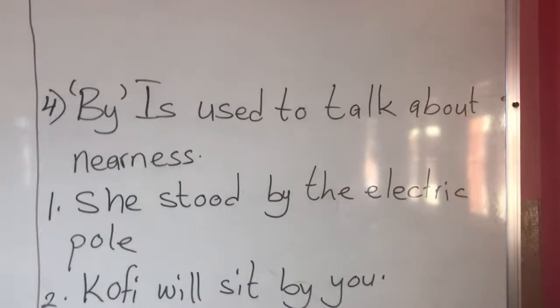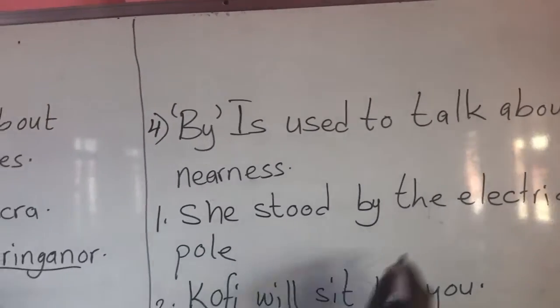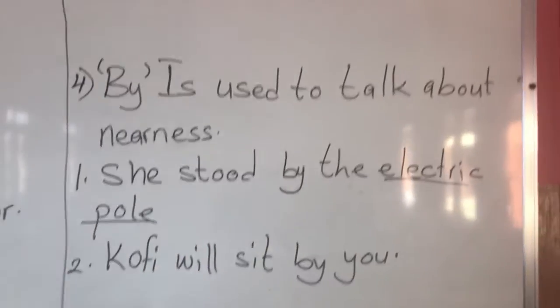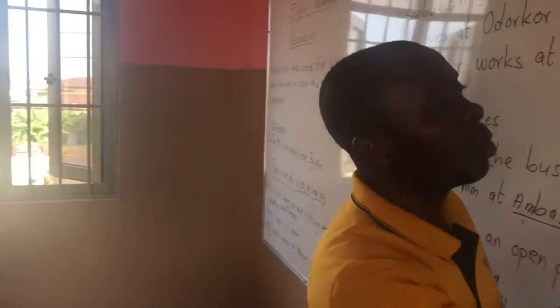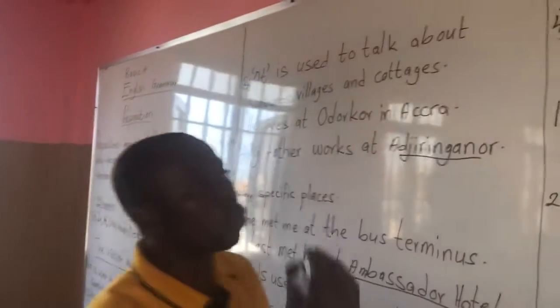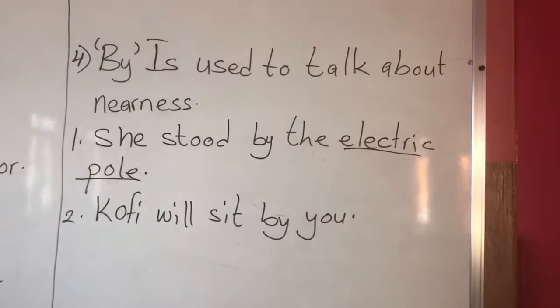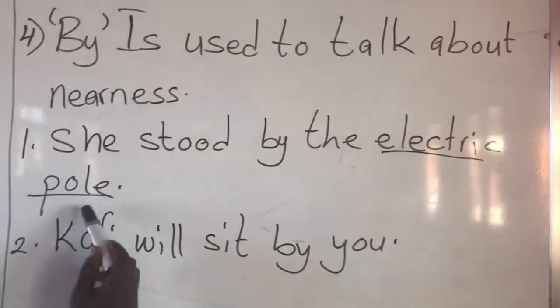So we have the electric pole, meaning she's close to what? The electric pole. So we are saying that by is used to talk about nearness, or closeness, or how close something is. So she stood by the electric pole.